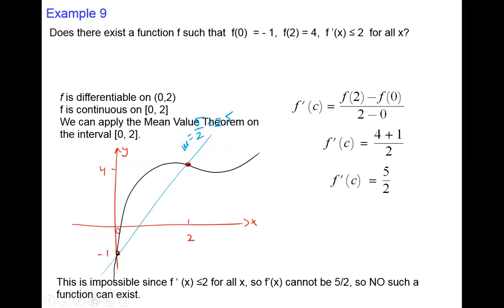Because I definitely have to find a point. I will have at least one point c that has exactly the same slope as the blue one, which means it will be not less than 2. The slope will be greater than 2. That means this type of function doesn't exist.